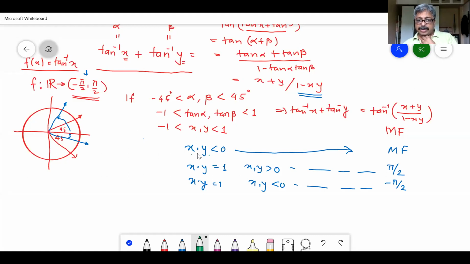Because if x and y have different signs, they will produce the main function, because the angle will continue to remain in the minus pi by 2 to pi by 2 zone. So both of them must have the same sign. So let us consider x comma y greater than 0, both of them positive.